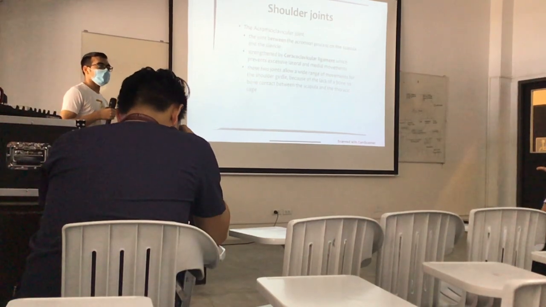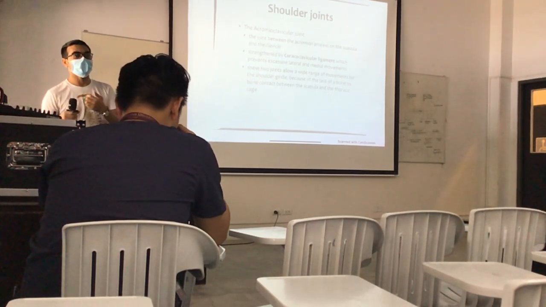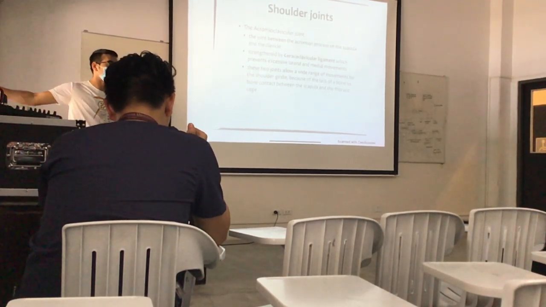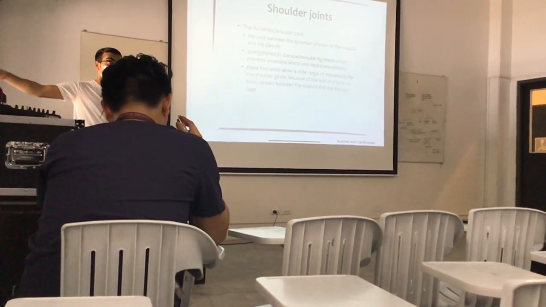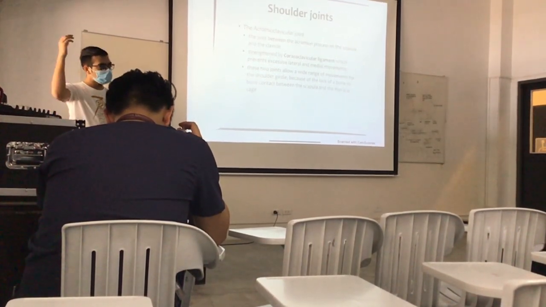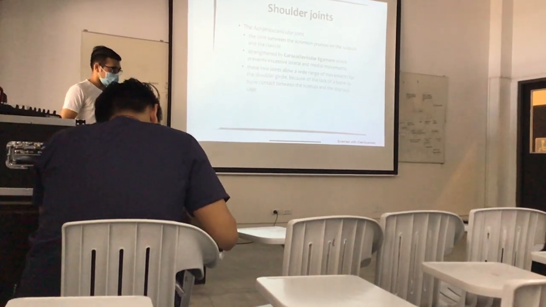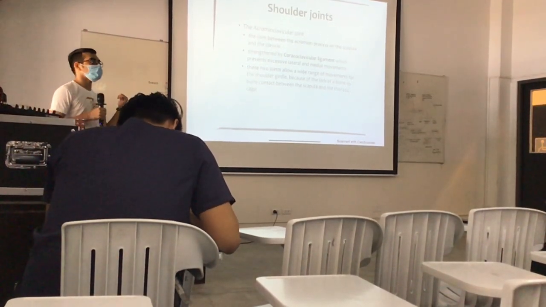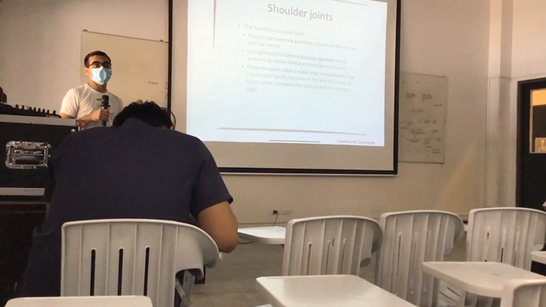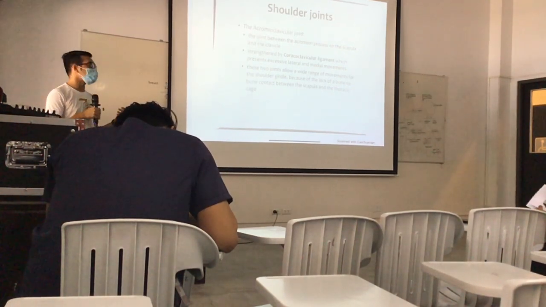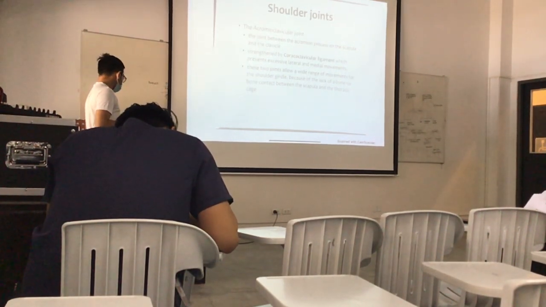So this joint is really important if you want to extend or do abduction. If we want to rotate our hand, then this ligament will really help because it is for medial and lateral movement.